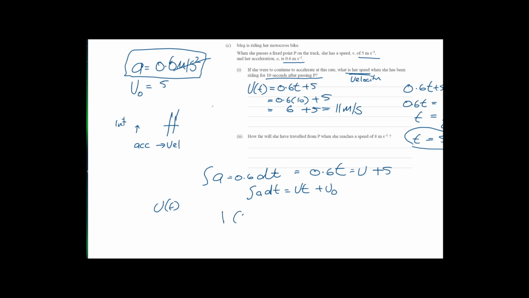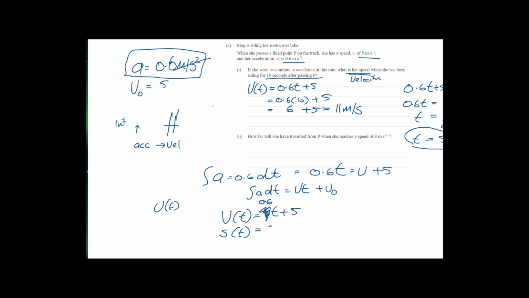So our function for velocity with respect to time was 0.6t plus 5, because that was our initial value. Therefore, the displacement at t is the integral of 0.6t plus 5.